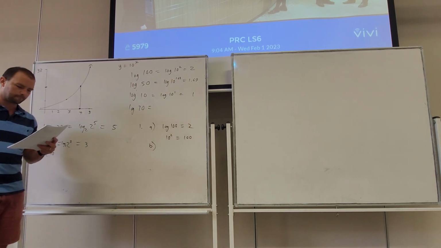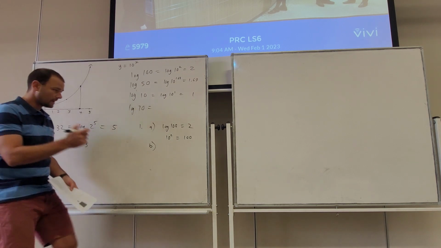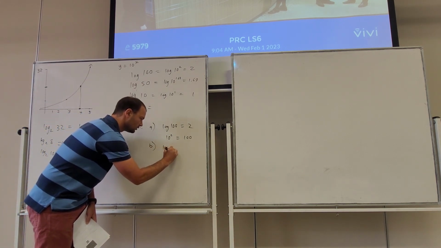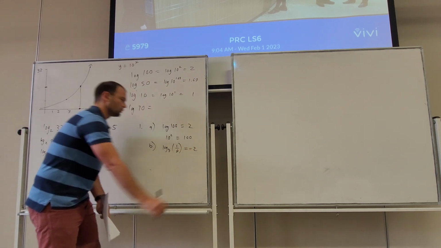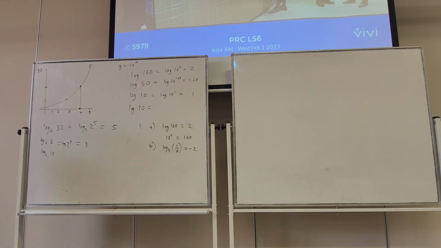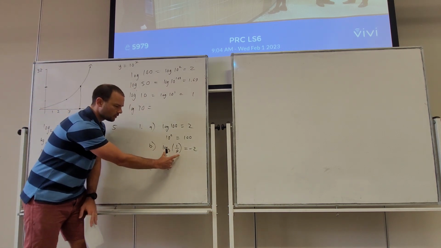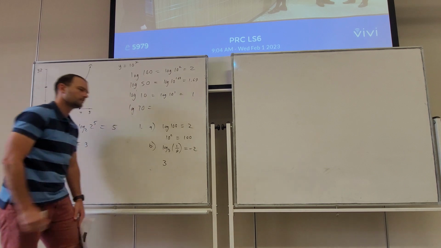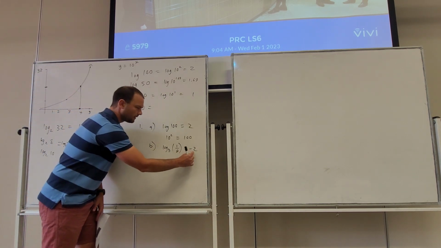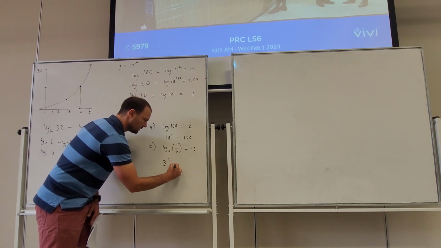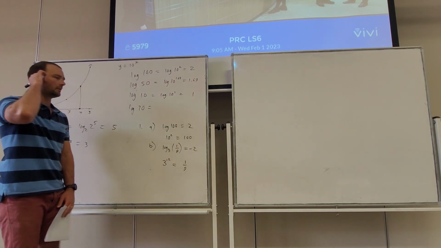Question B. We've got log in base 3 of 1 on 9 equals minus 2. We want an exponential statement. So the base of this logarithmic statement is 3. 3 to the power of minus 2 equals 1 on 9.